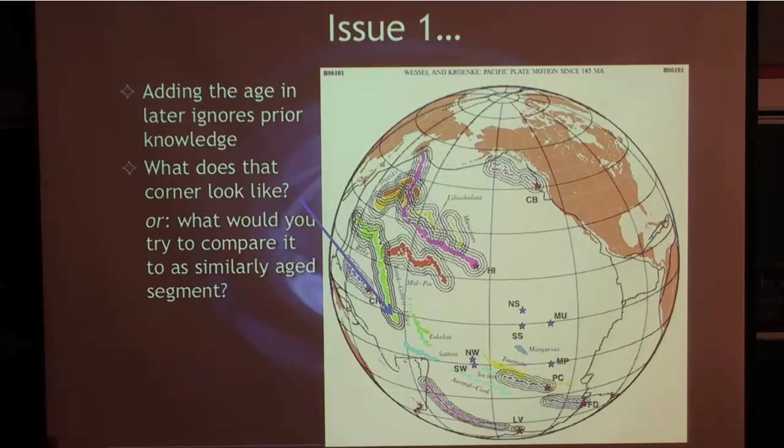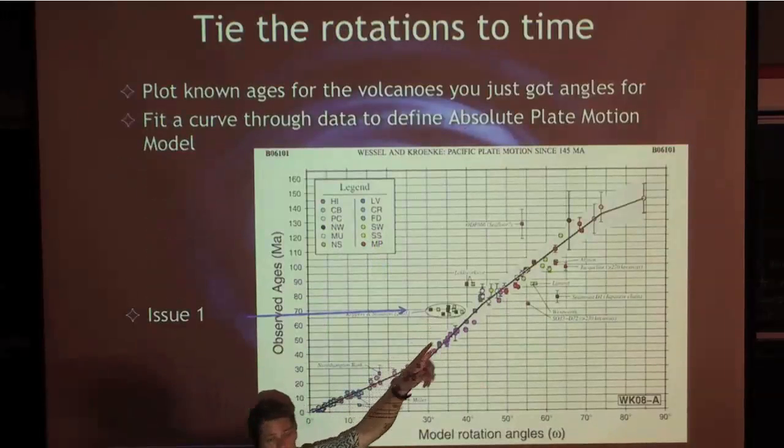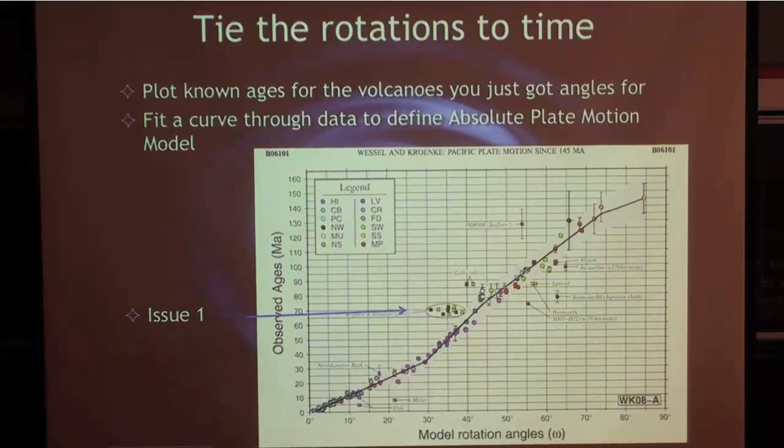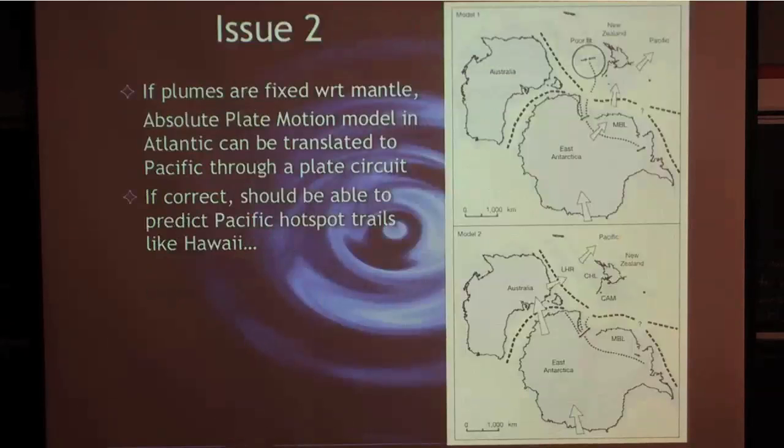The problem is that that didn't go right. The ages don't match. You're adding the ages after the fact, so you're ignoring the fact that you actually know this isn't working. Okay, so that's the first issue with the exercise.